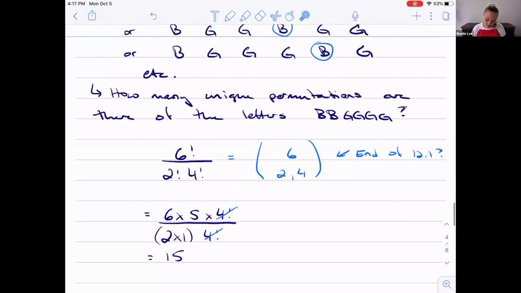So the key here is to link it in your mind to how many permutations there are of the letters in a word. So if you had 8 children, 3 girls and 5 boys, you would have 8 factorial over 3 factorial times 5 factorial unique permutations. Permutations because the order matters.